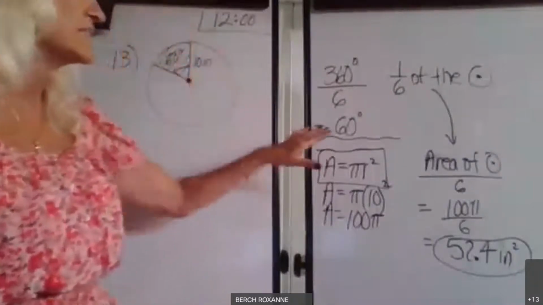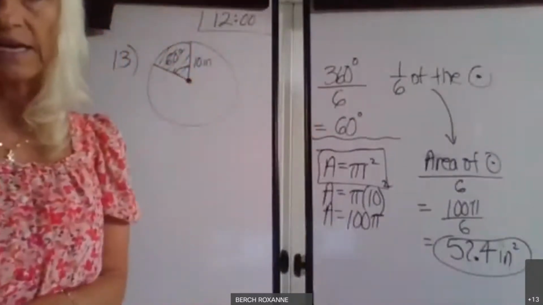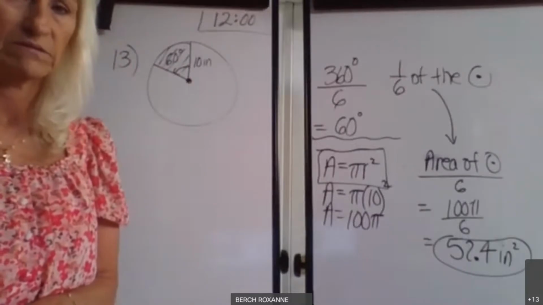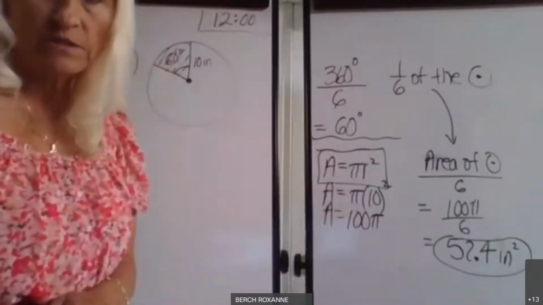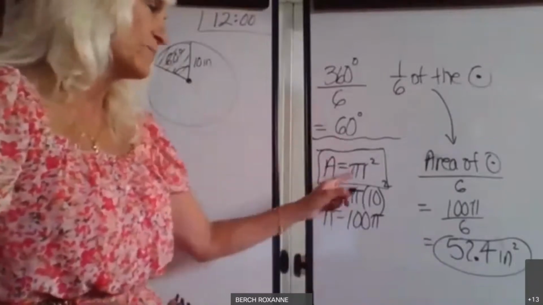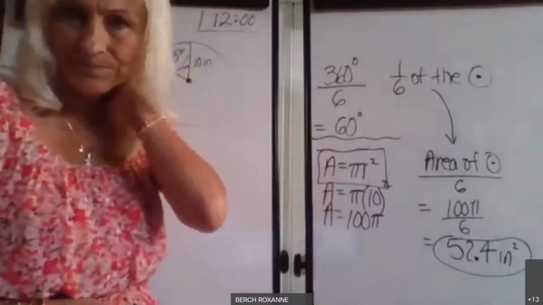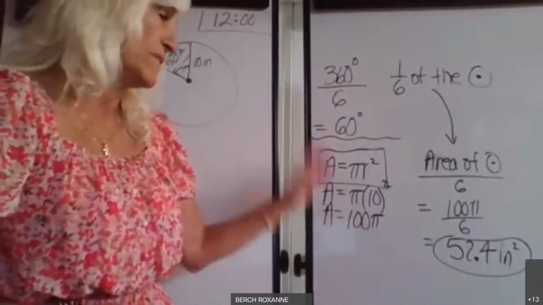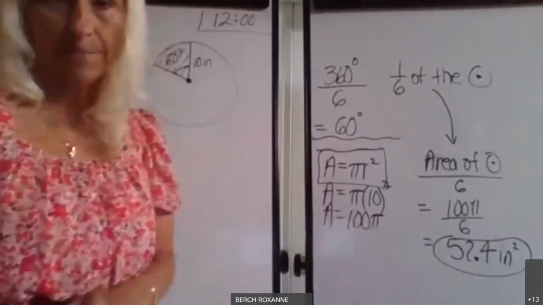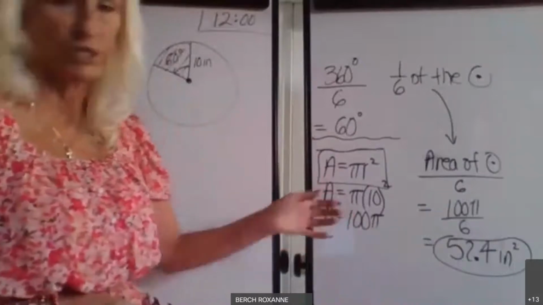They know that 60 degrees is a sixth of the circle. So if you find the area of a circle, the whole area is pi r squared. Remember that? So the area of this circle is 100 pi square inches.